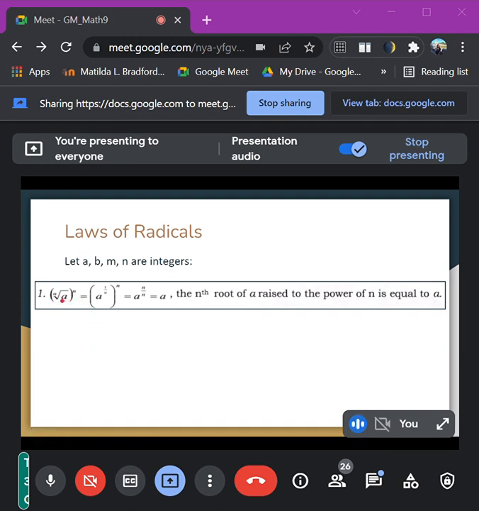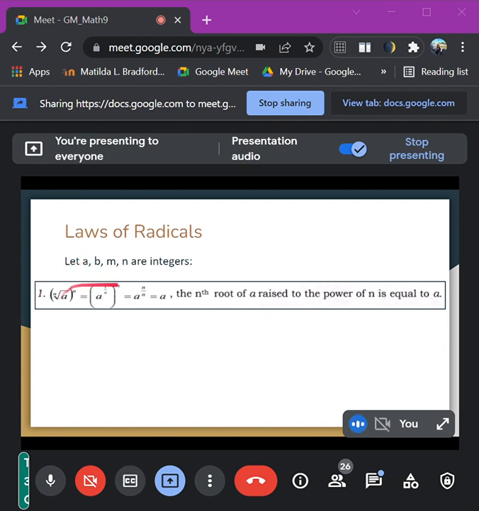So we have here the first law. You have there the nth root of a raised to n is equal to a raised to 1 over n, quantity raised to n. Okay, so unsa day meaning ana niya? So you have there a raised to n over n is equal to a. So meaning to say, class, if you have the same index and the same power, the nth root of a raised to the power of n is equal to a.